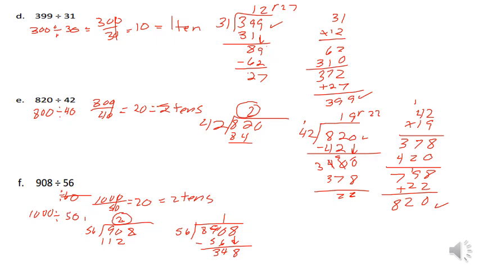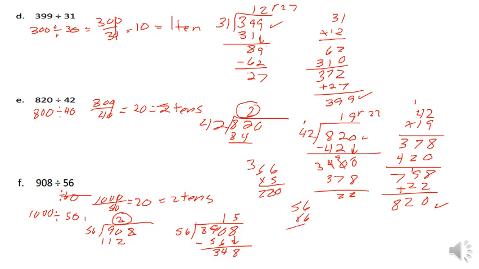I'm going to bring down my 8. Now, if we're looking at 50s or 60s, I know 60 times 5 would be 300. So 60 times 6 would be 360. So let's try 5 first. 56 times 5, that's going to be 30, 25, 28.